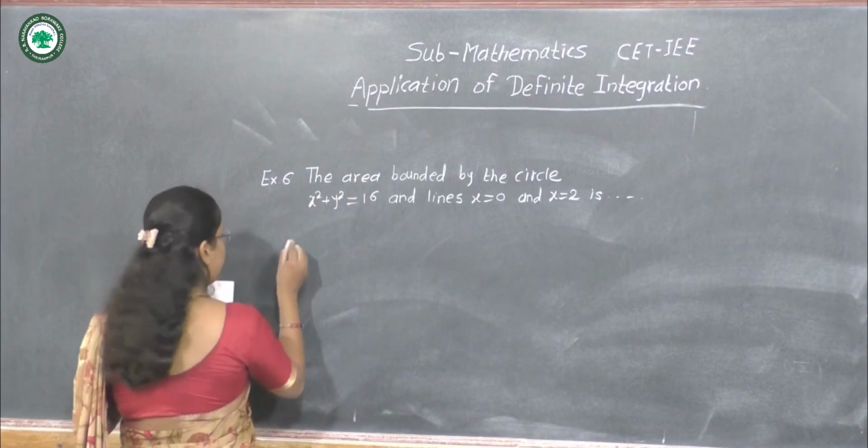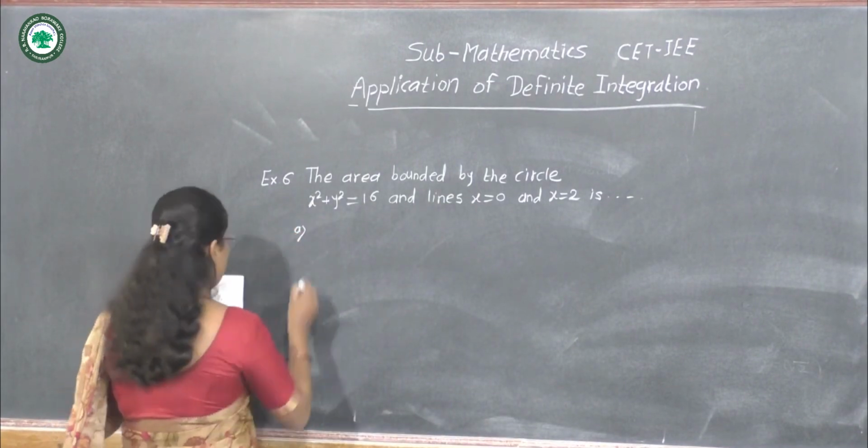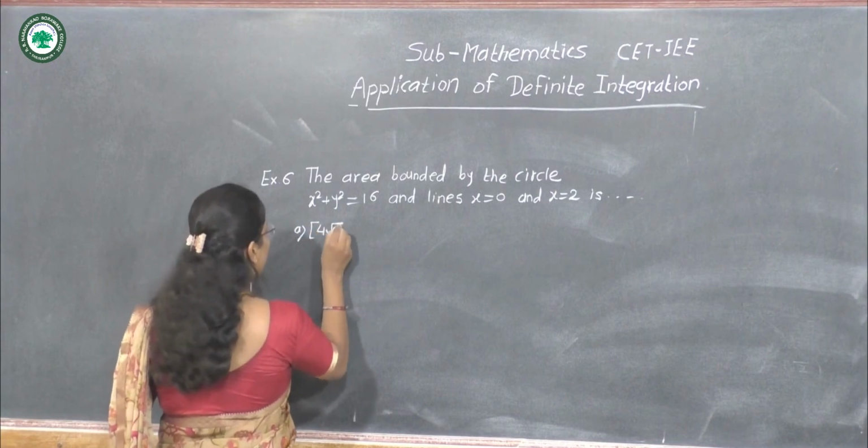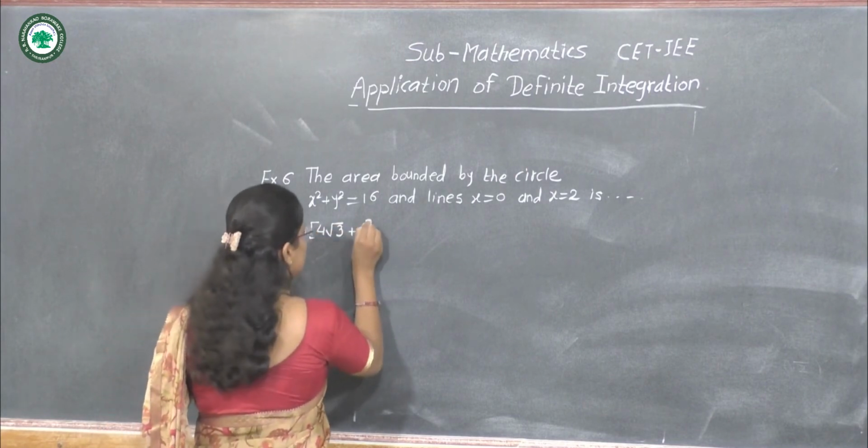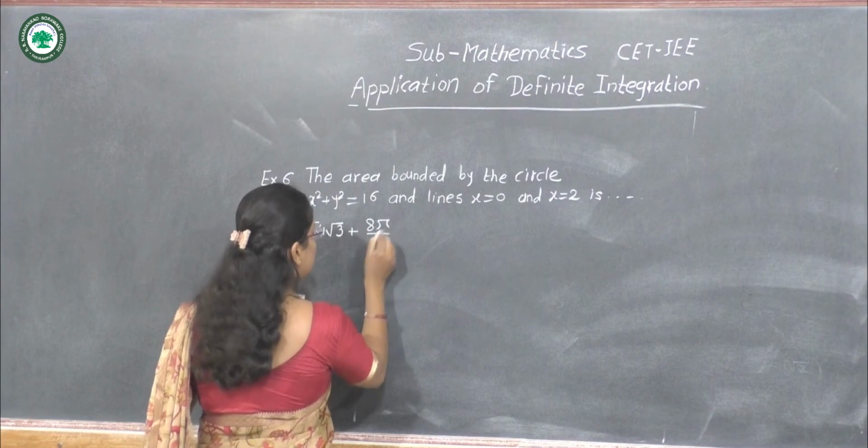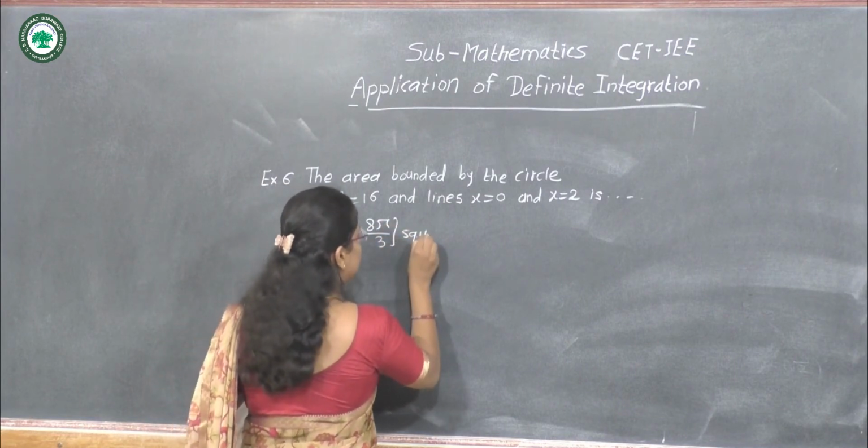Options are: option A, 4 root 3 plus 8 pi upon 3 square units.